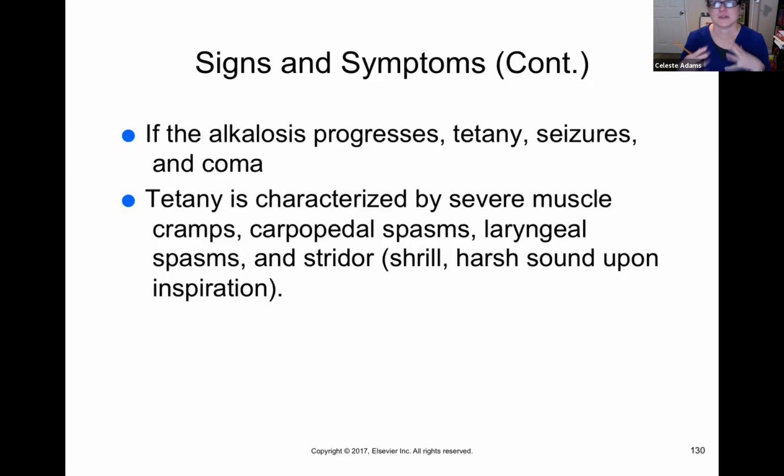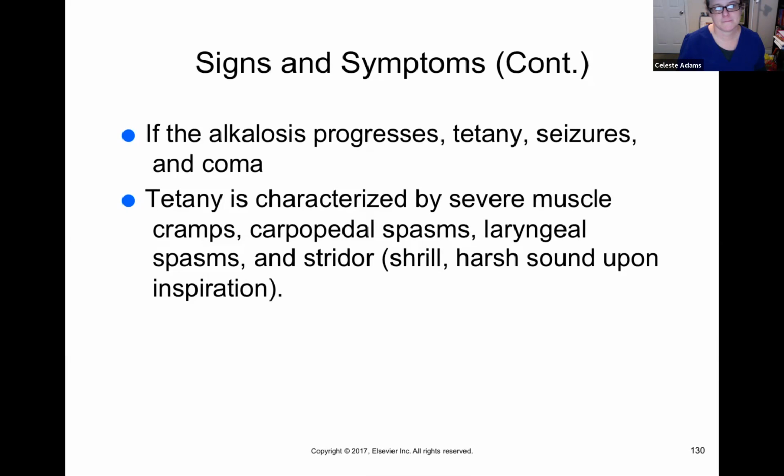The respiratory muscles are severely excited when you have too much base on board, so the respiratory muscles are going to spaz out, and that causes this stridor, a shrill, harsh sound upon inspiration.